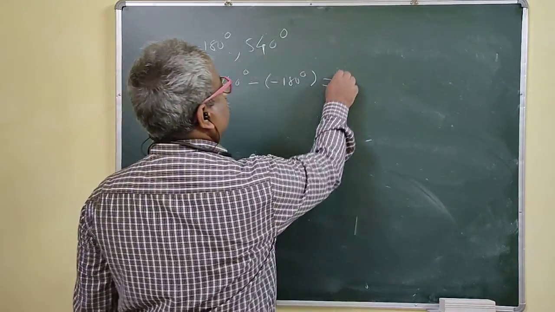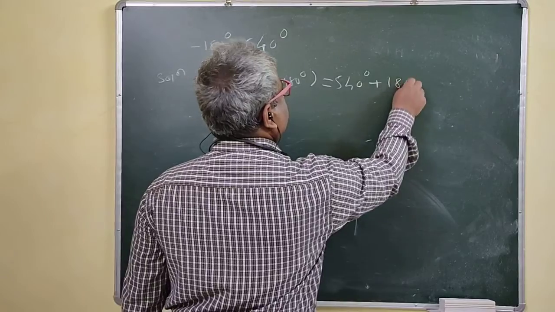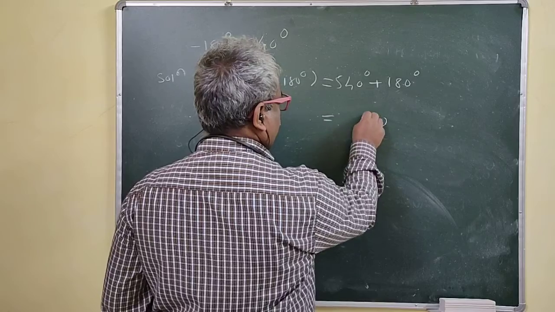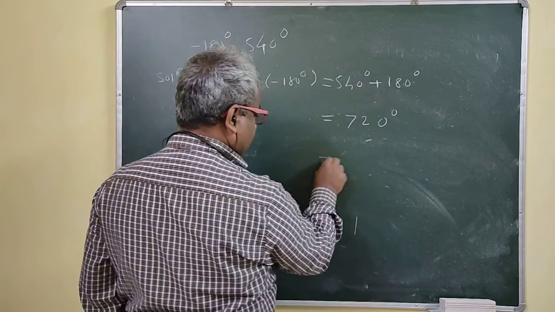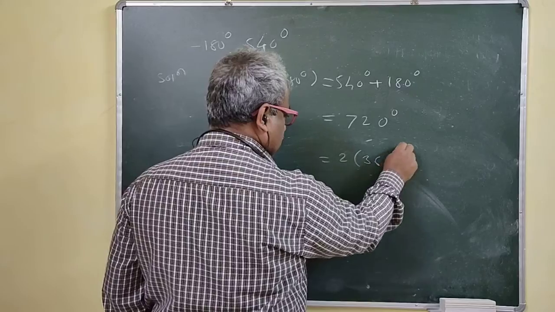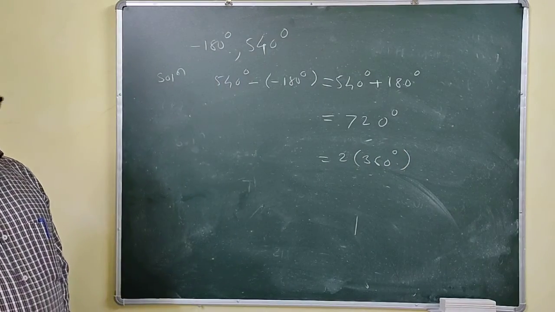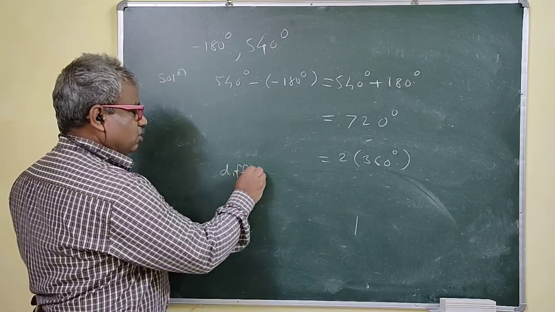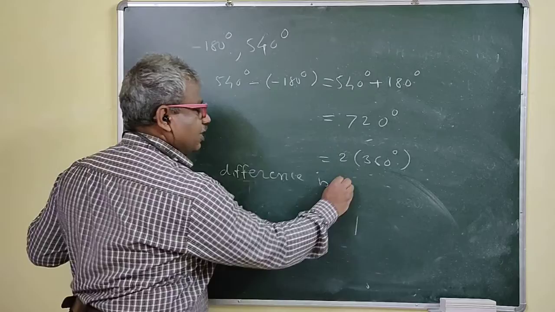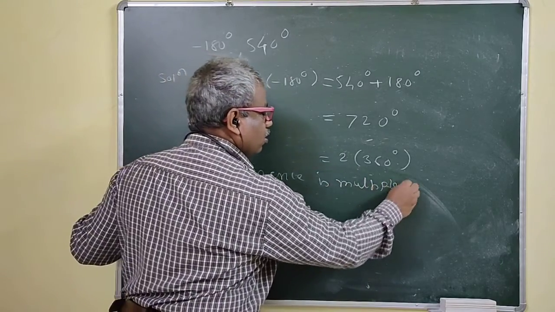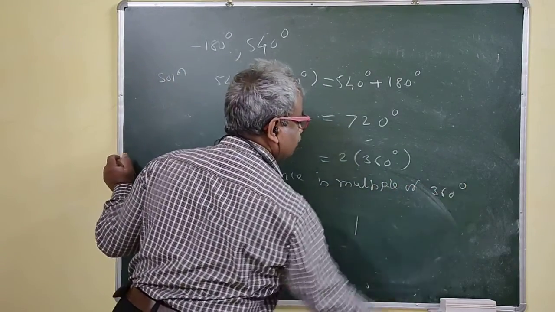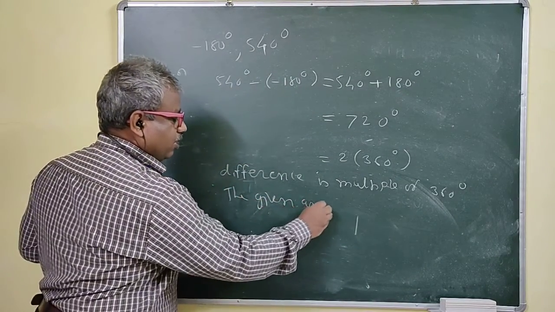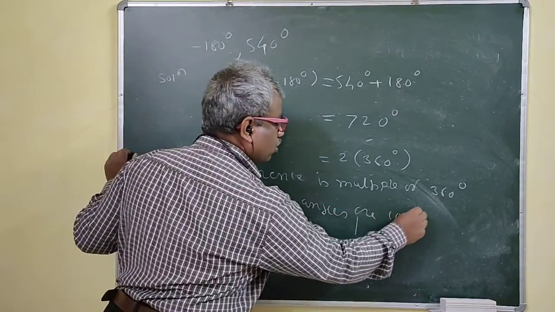So this is 540 degree plus 180 degree, which is 720 degree. I can write this as 2 into 360 degree, right? So that means it is a multiple of 360 degree. So the difference is a multiple of 360 degree. Therefore the given angles are coterminal.